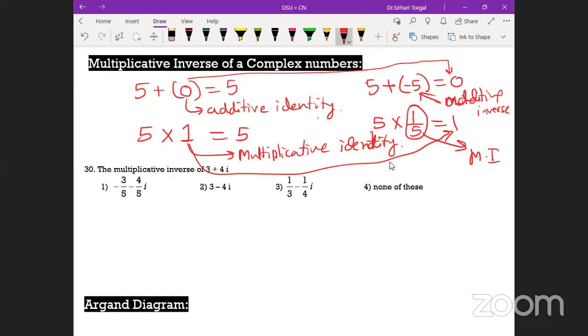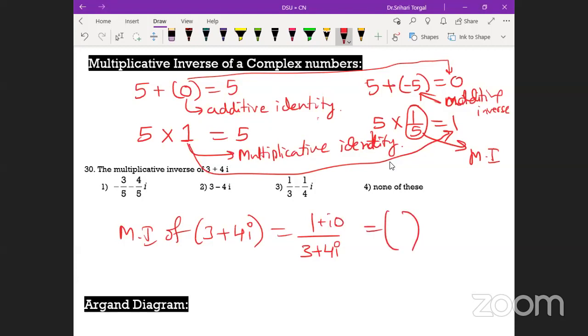Right. So now I want to take the reciprocal of 3 plus 4i. Now, how to answer this? You can write it as 3 plus 4i with 0 real part shift, like this, okay?